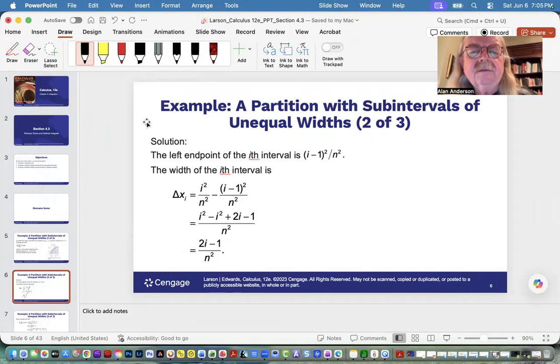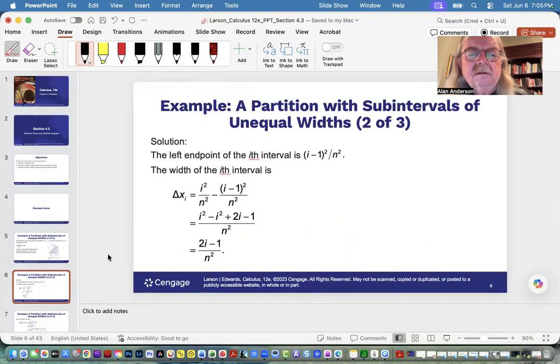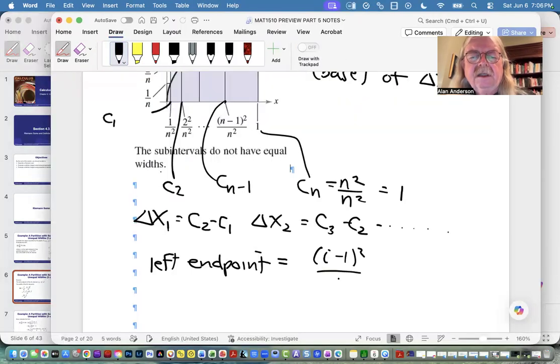Okay. And so, therefore, the left endpoint is (i minus 1) squared over n squared.